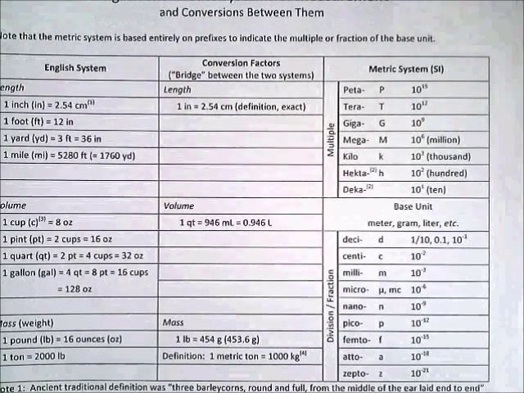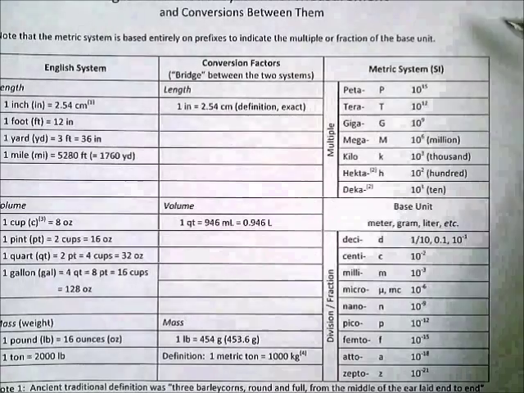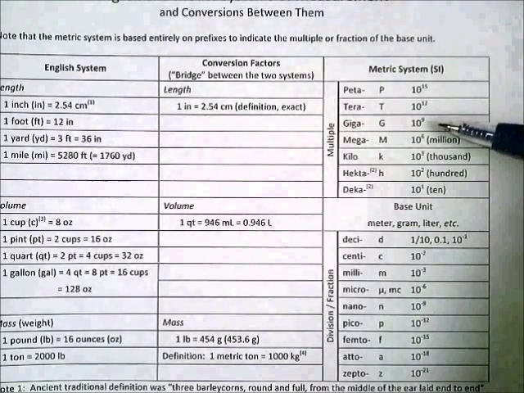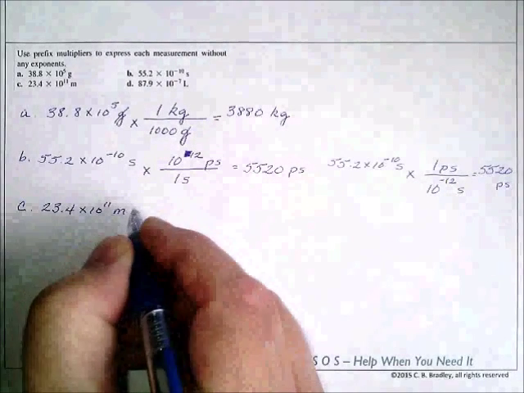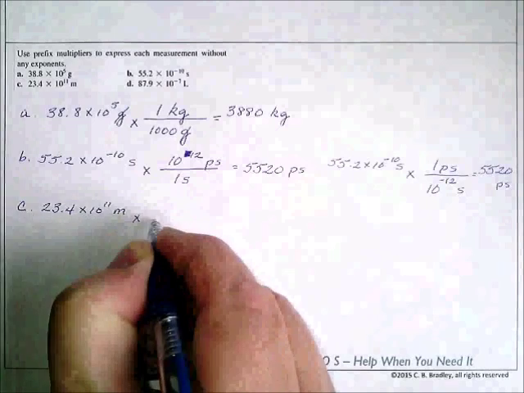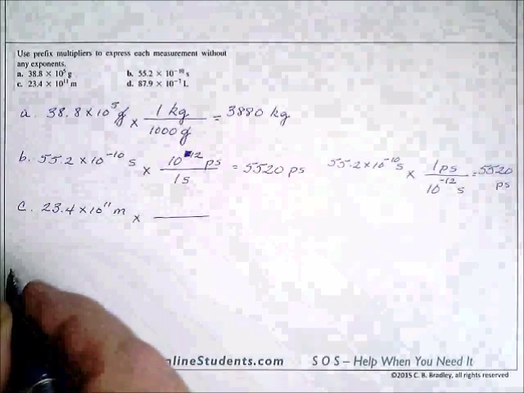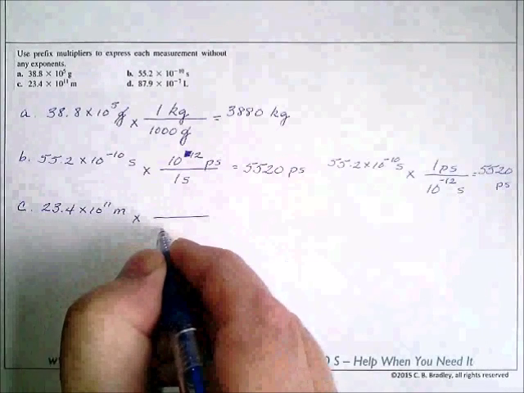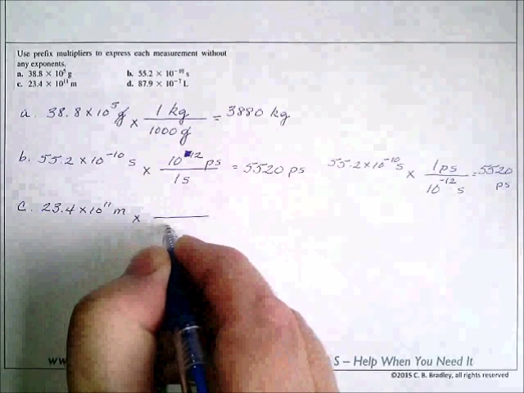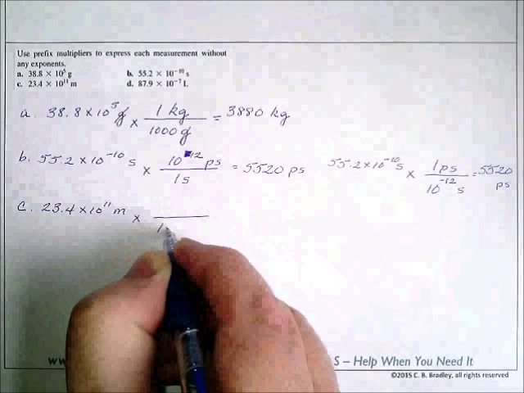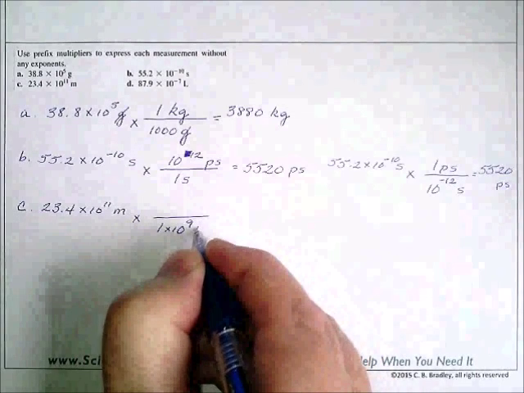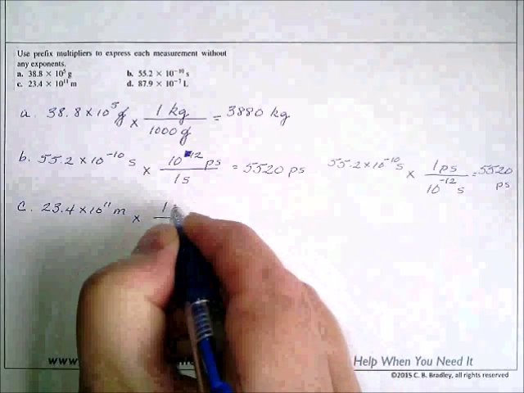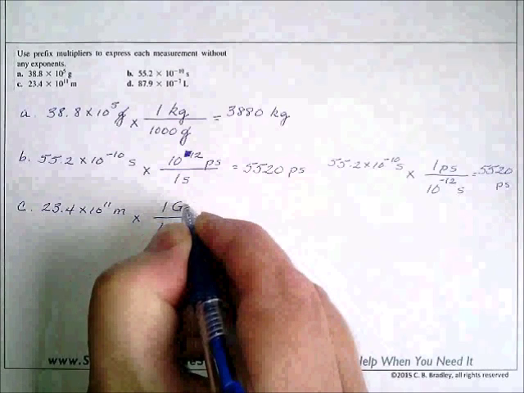So 10 to the 11th meters, we're going to go with gigameters. That'll be 10 to the 9th. We're familiar with giga from computer terms. So 1 times 10 to the 9th meters is 1 gigameter.